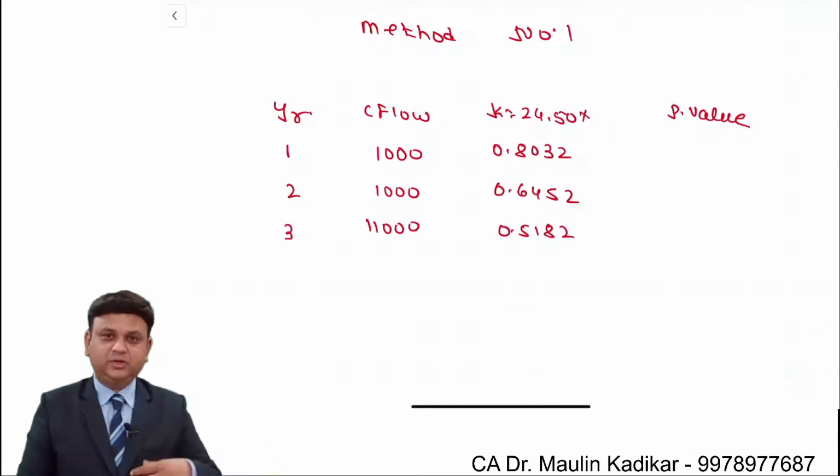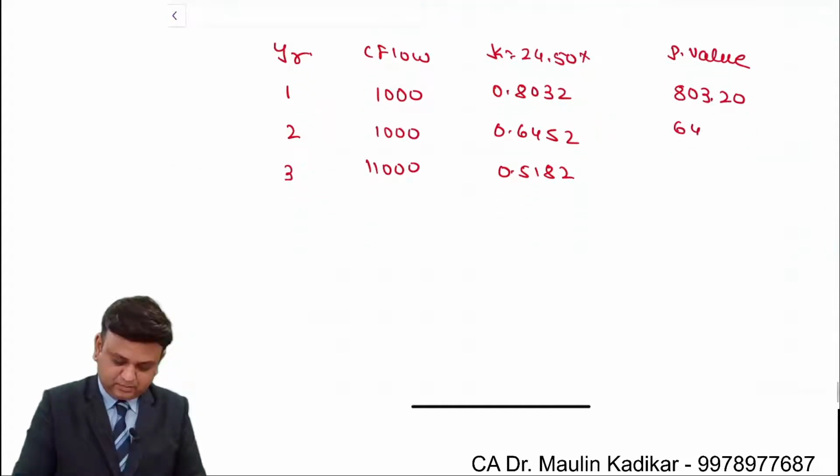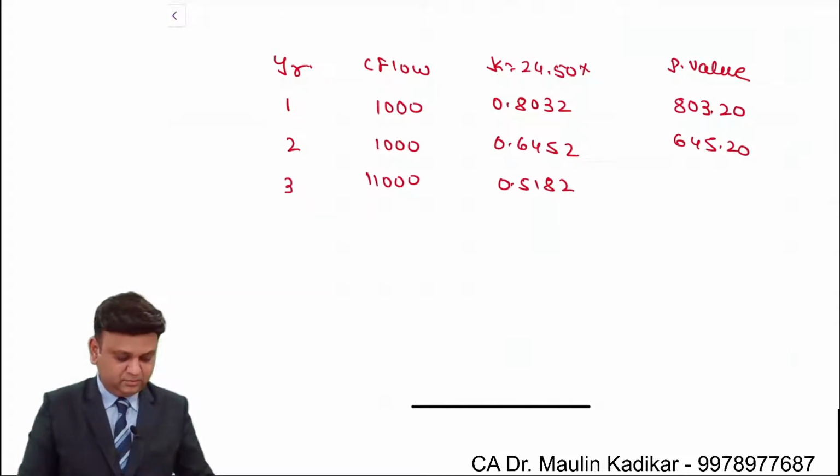Cash flows into discounting factor: 803.2, 645.2, and 11,000 into 0.5182 is 5,700.2.